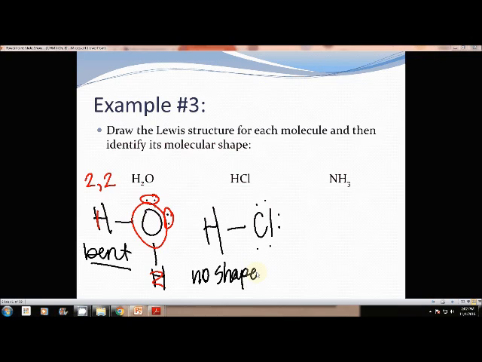Then the last one, NH3. Somebody asked me this earlier, so I'm going to throw this into the mix. When you make your connections and you're all done, we're figuring out what is on the nitrogen, because that's our central atom. Here we have 1, 2, 3 hydrogens, right? So it's going to be 3, comma.